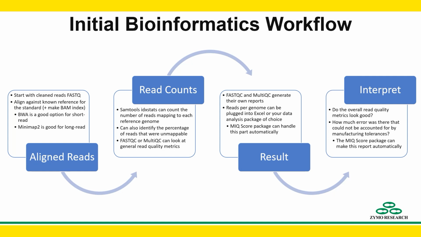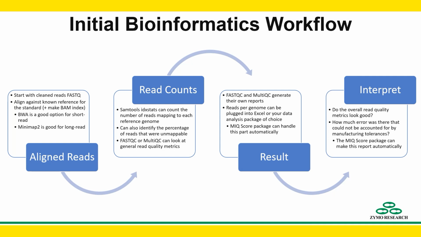First thing I always ask is, do the overall read quality metrics look good? This again would come from something like FastQC or MultiQC. Usually if the read metrics do not look good, I'll actually stop my analysis at that point, just because I'm not going to be able to get a good interpretation of how I performed on the standard with poor quality overall reads.